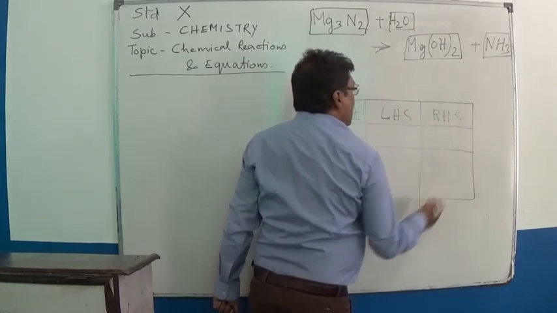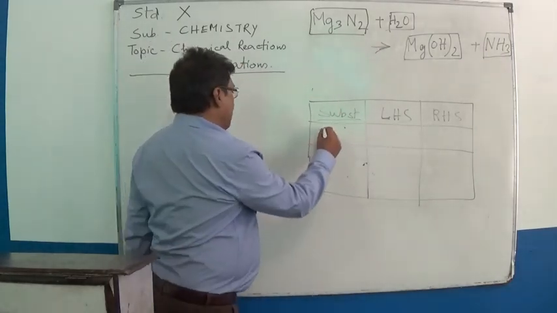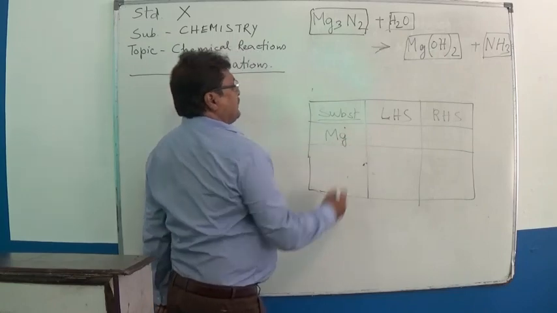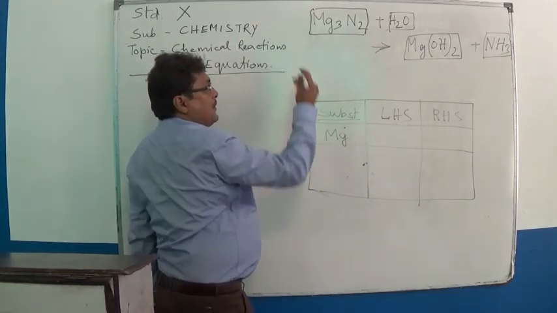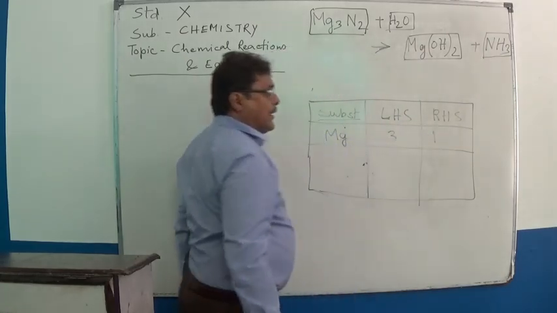Now the names of the elements taking part in this reaction. Magnesium: 3 atoms on the left hand side, 1 atom on the right hand side.